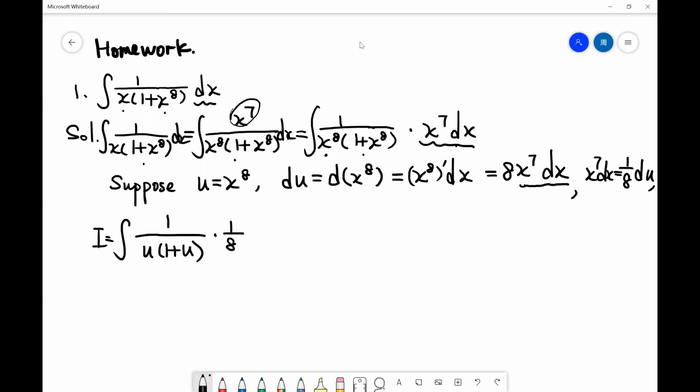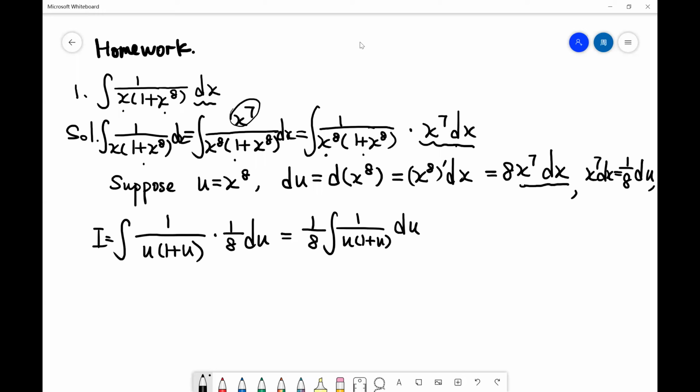Then we can take the constant 1 by 8 outside the integral sign. So that equals 1 by 8, integral of 1 by u times 1 plus u du.